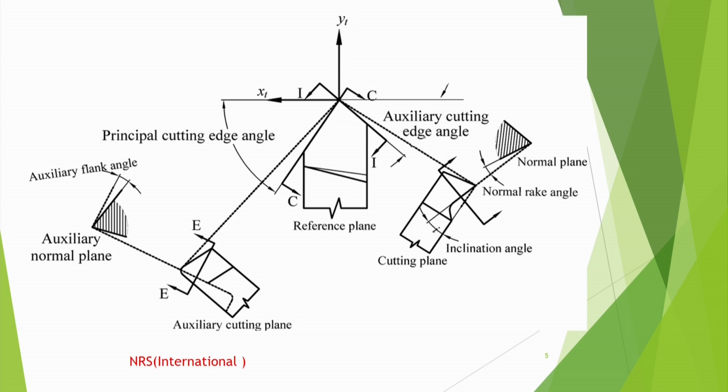But sometimes the normal rake system gives a better idea about the mechanics of cutting. In fact, sometimes if you want to do some analysis in an approximate way based on the orthogonal mechanics, if you want to get inference about oblique cutting, then instead of the side rake angle, you generally use the normal rake angle.